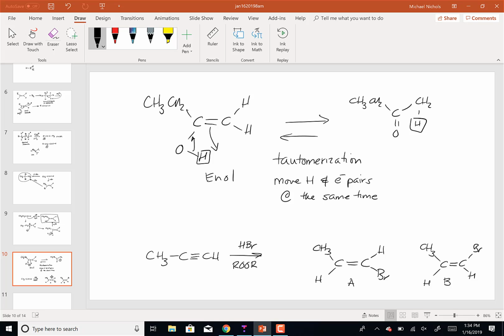Or which one? Why'd you say A, Ariana? Change that to something that starts with S. That was a question. Which one's more stable? Steric hindrance, which is the same thing as electron density.